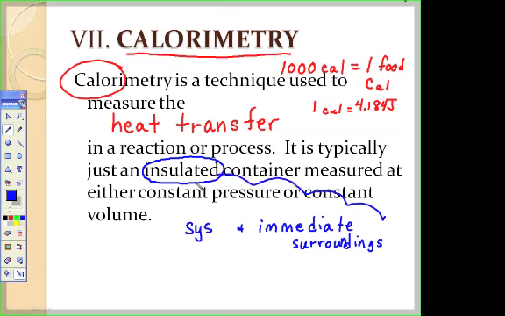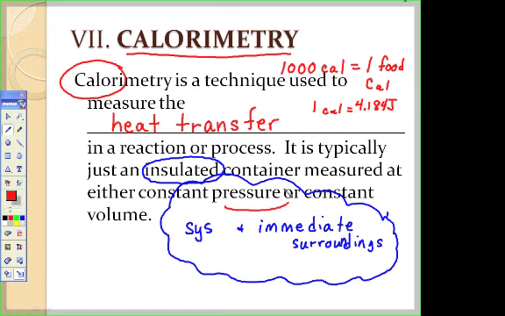So we want to kind of keep these isolated from the rest of the world, so to speak. Now, there's two ways that this is done. This can be done at constant pressure or at constant volume. If it's constant pressure, delta H is equal to Q at constant pressure. If it's constant volume, that equality doesn't hold true, and I'm not going to get into that at this point.